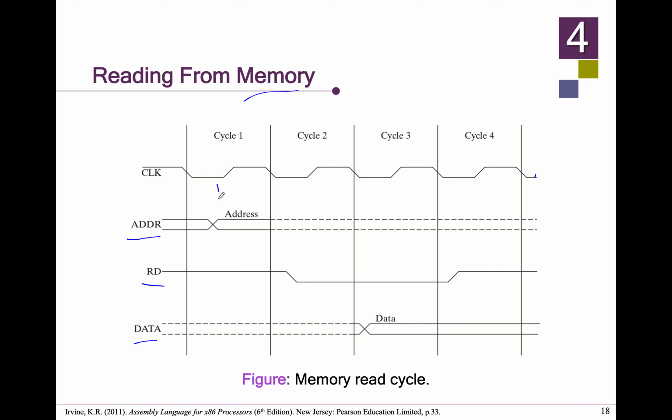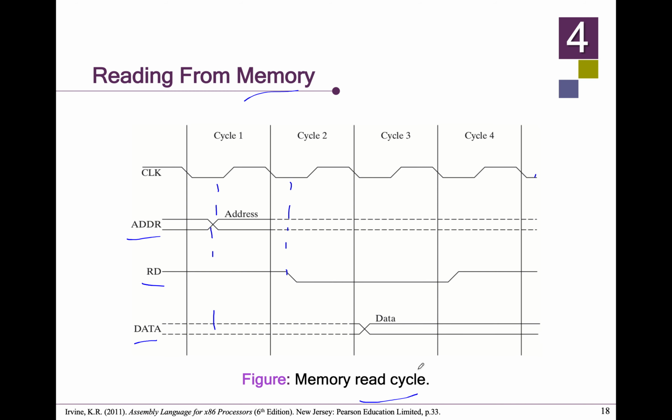Maybe what is going to trigger the changes at your address, what is going to change your RD, what is going to change for your data. So this is your memory read cycle.